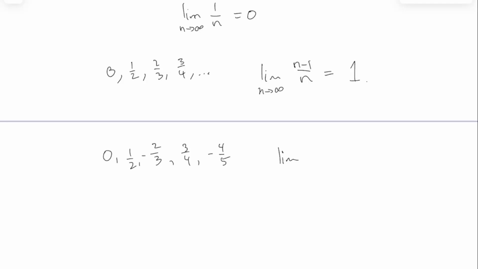Right? This one is (-1)^(n-1) times (n minus 1) over n. Any ideas about this one? Does it have a limit? And if so, what does it approach? As usual, you could try to plug these values into your calculator to see if they approach anything. Anybody have a feeling about it?